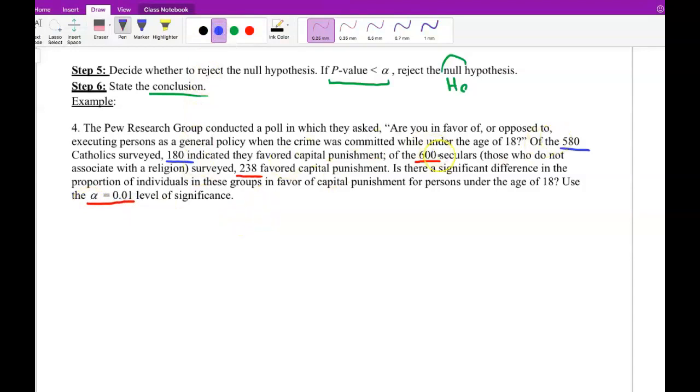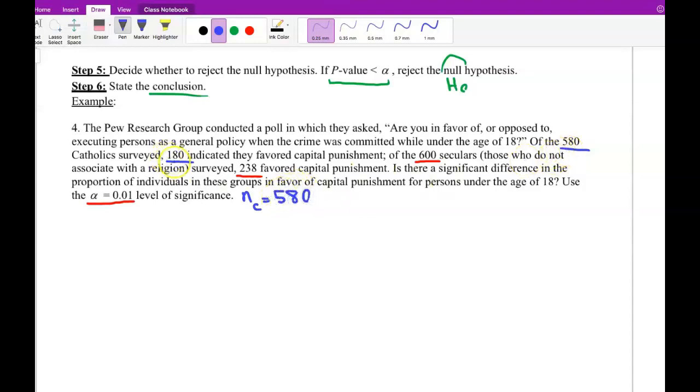Okay, first I'm going to write all this data. Here we have Catholics, so I'm using C for Catholics. We have N is equal to 580.